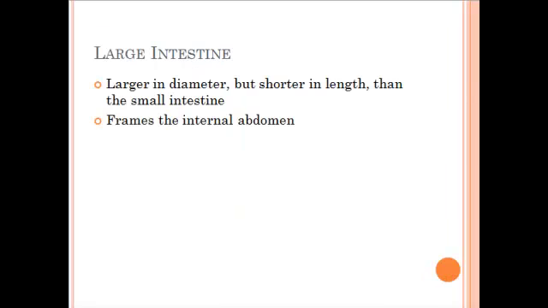Let's now move on to the large intestine. So the large intestine is different than the small intestine in a few respects. First of all, it's bigger, it's shorter, it wraps around, almost forms a frame around the small intestine, and it frames the internal abdomen as well.